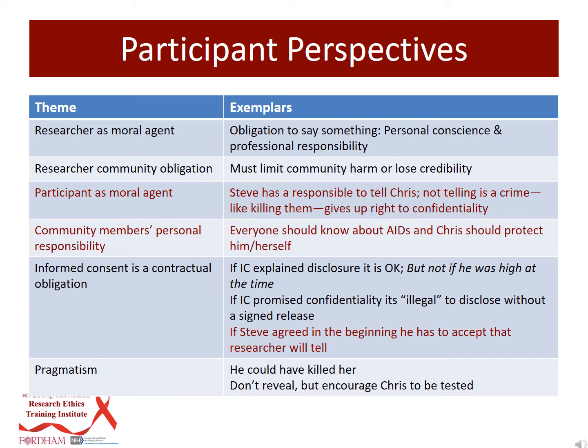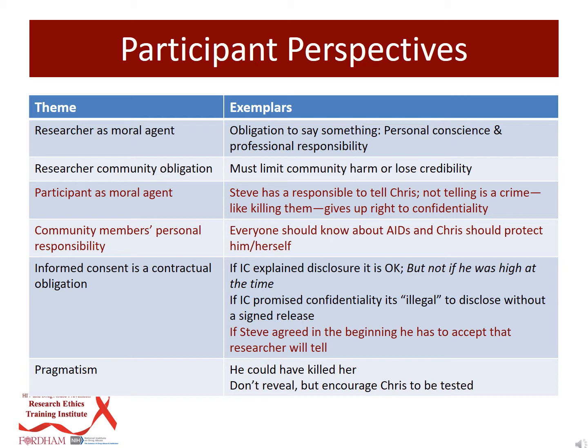Other people felt that Steve had a responsibility to tell Chris that the participant is a moral agent, and so Steve had given up his right to confidentiality because he was violating a moral norm. But others felt that Chris had the responsibility, because they said, look, everybody knows about HIV.